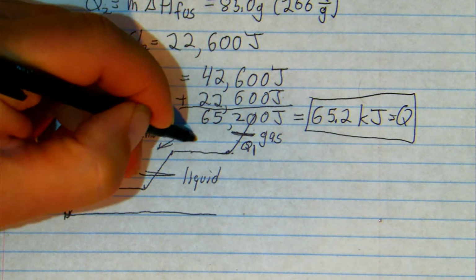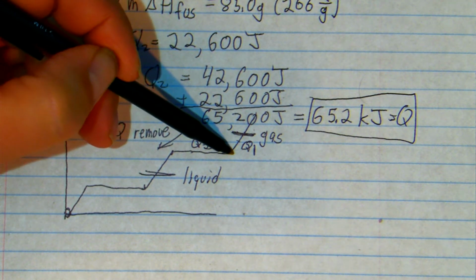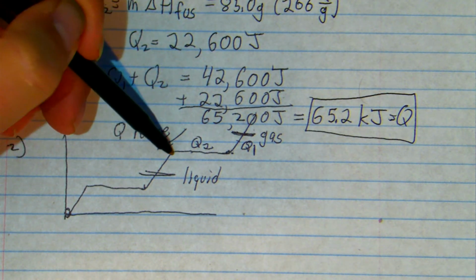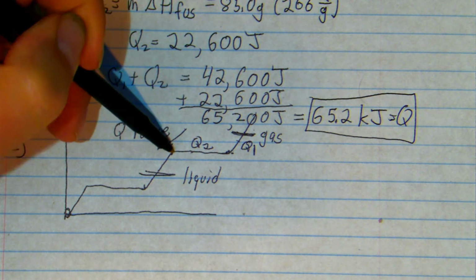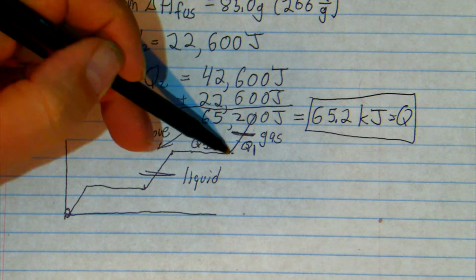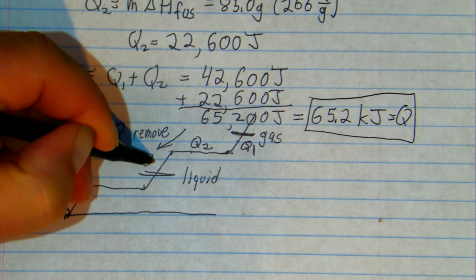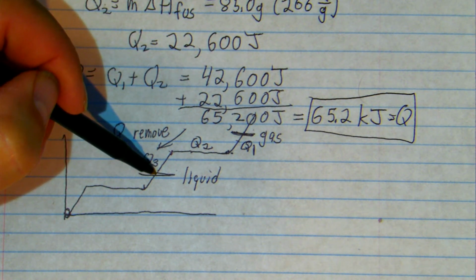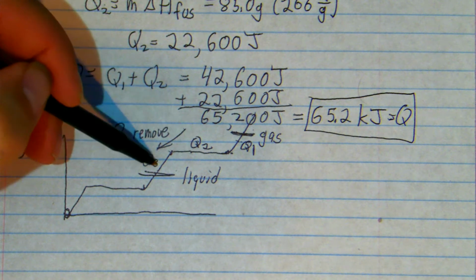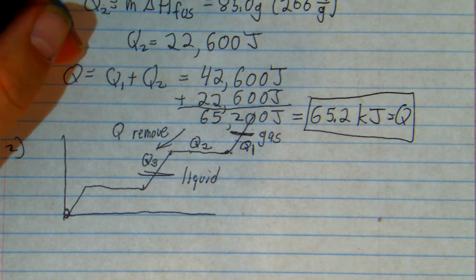Then I have to actually condense the gas and transform it from a gas into a liquid. That will be Q2. Once it becomes a liquid at its boiling point, I then cool down the liquid, Q3, to the final temperature. This means there are going to be 3 heat calculations for problem 2.